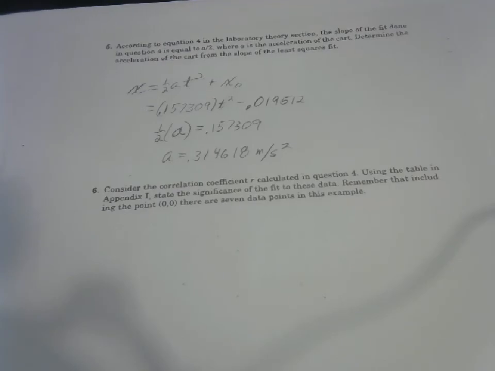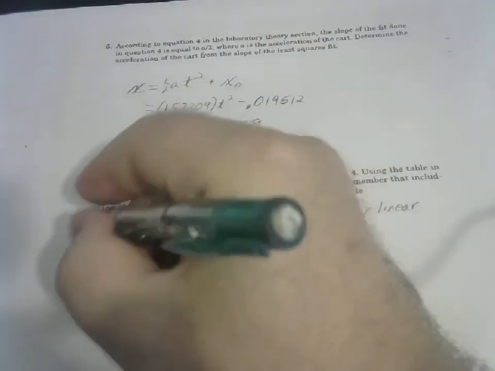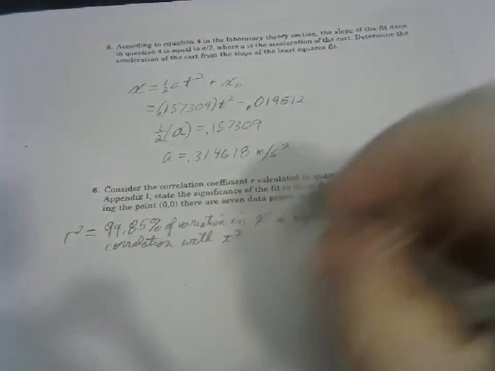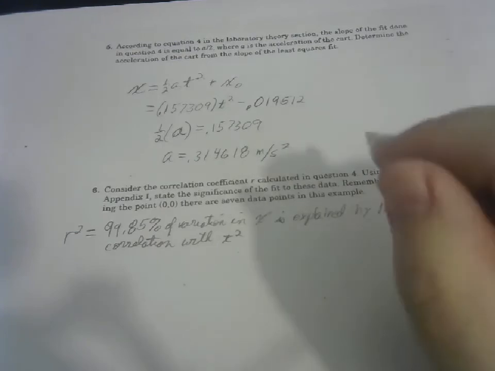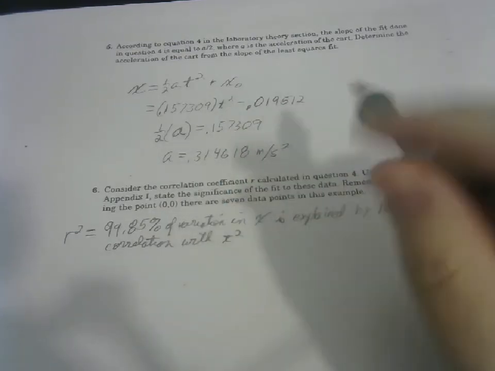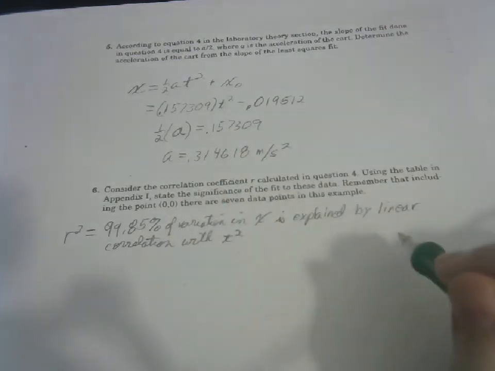Question 6. We've already talked about r squared, and that r squared equals 0.9985 or 99.85%. So 99.85% of the variation in x is explained by a linear correlation with t squared.